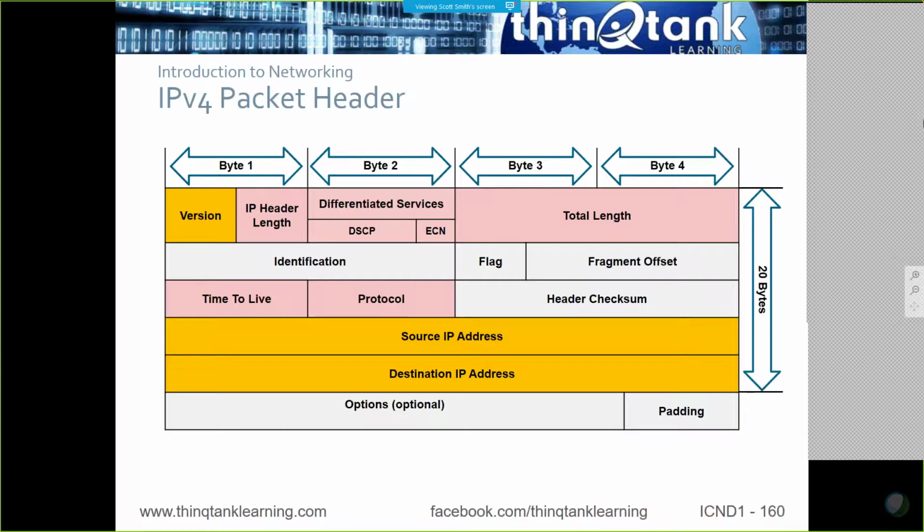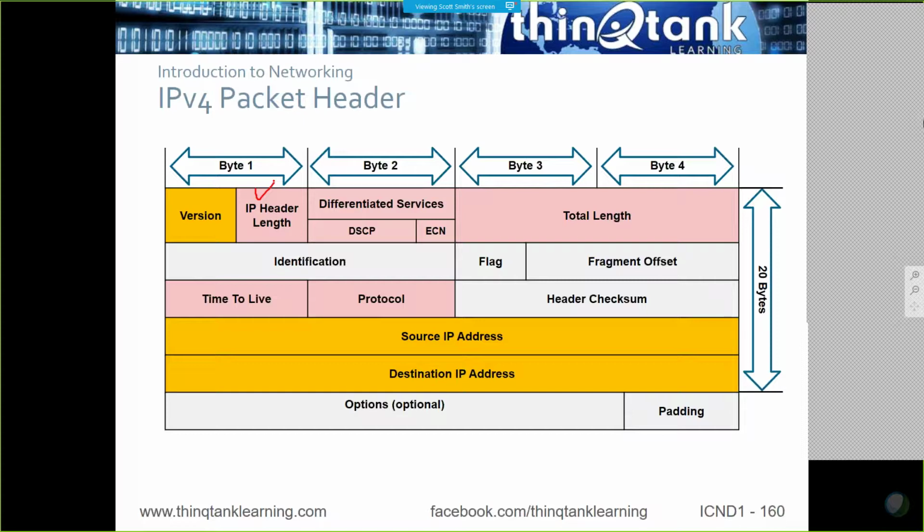Now the second field that we see is called the header length field. You will only see a header length field if that particular header can change in size. A standard IPv4 header, as you can see on the right side of the diagram, is 20 bytes. So if we're using a standard header, the header length field will indicate that this is a 20 byte header.